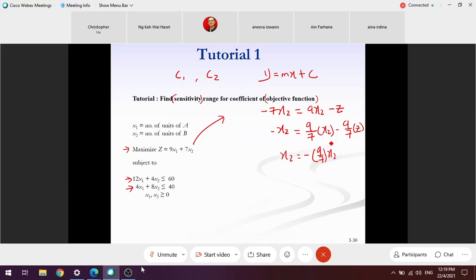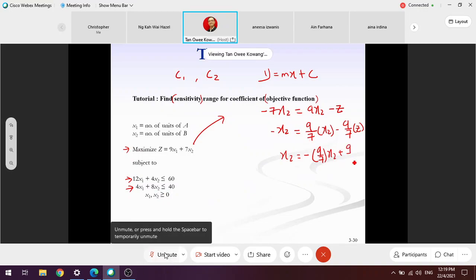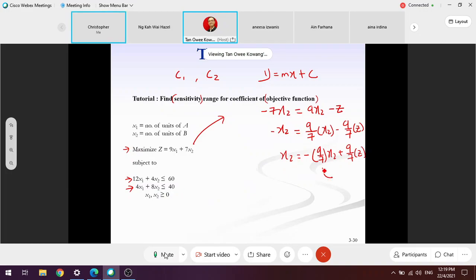Okay, and then negative becomes positive. Why am I doing this? There is only one objective, because I want to know the gradient for the objective function as well as the gradient for the constraint. This one is clear, right?